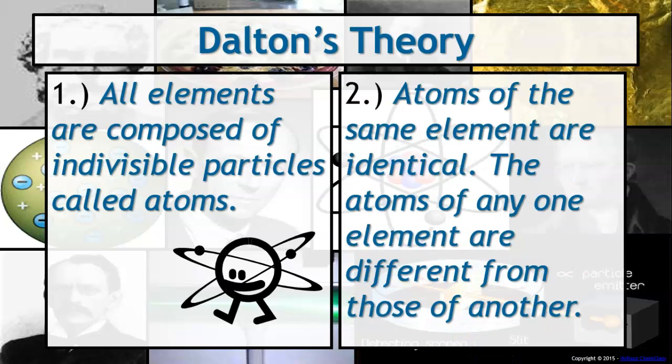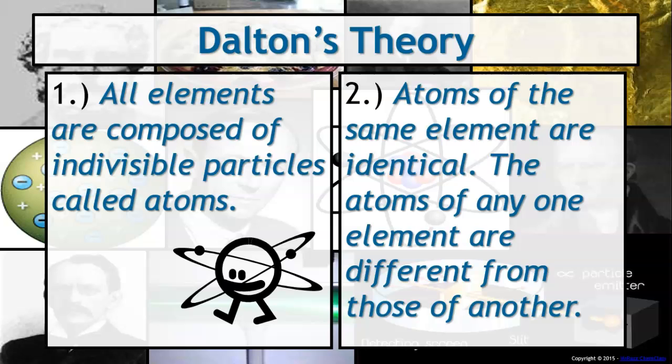The second part of his theory is that atoms of the same element are identical, and the atoms of any one element are different from those of another. So, for instance, let's take oxygen. John Dalton is arguing that all oxygen atoms are exactly the same. We could say the same for carbon.